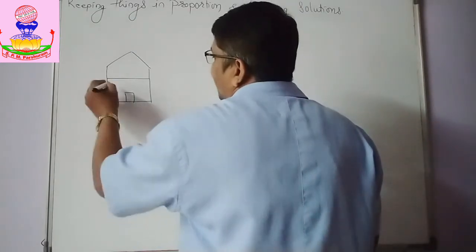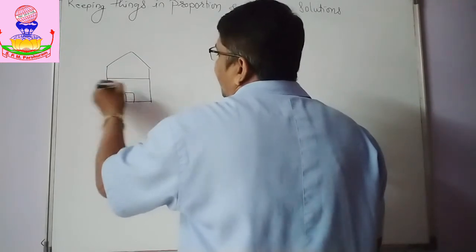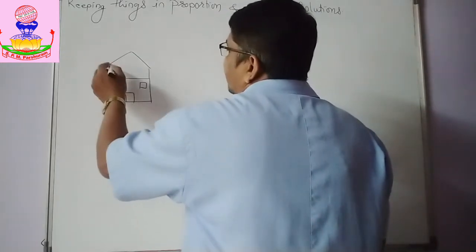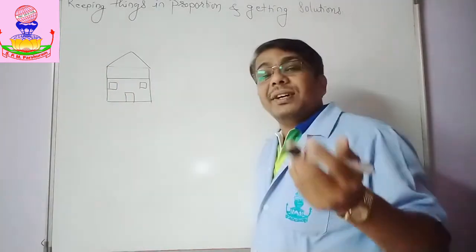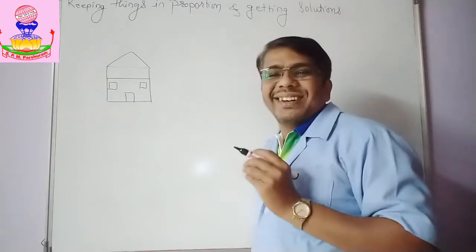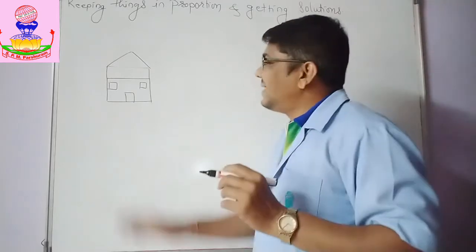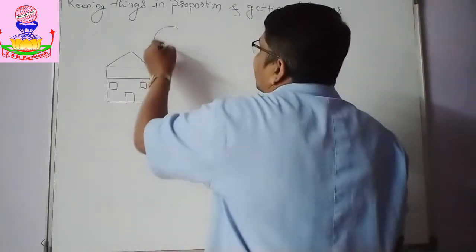This is the window, door, and here it is the window, and this is the roof of his house. And there is a boy or his friend who is standing in front of his house. And so what he did? He drew it like this.